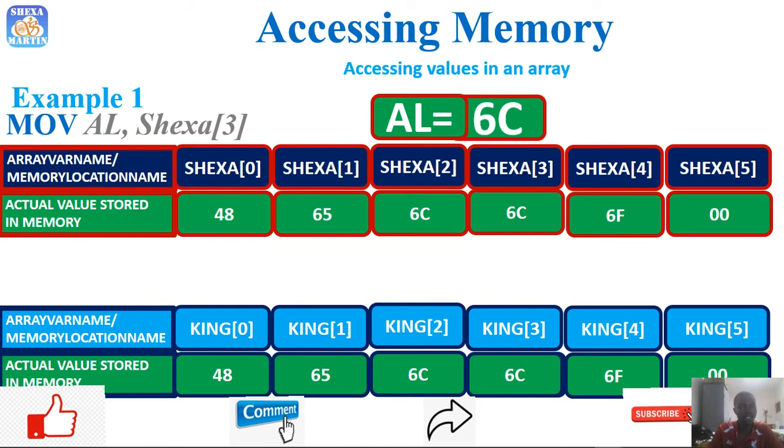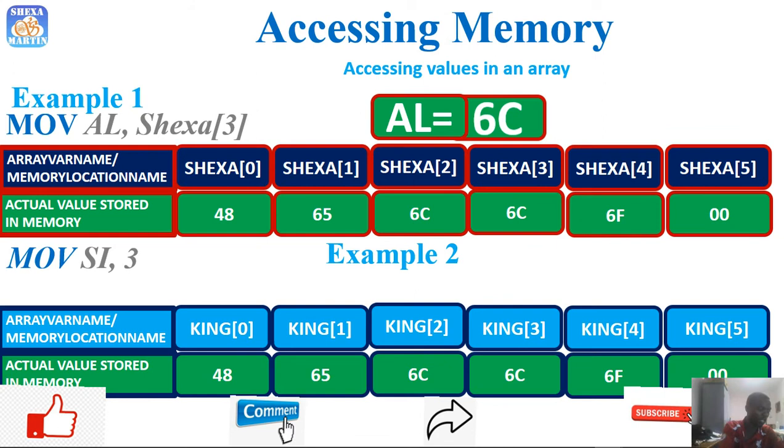Right, so let's now try to access the king array. So we say move. Since we talked about variables that are used to access memory, you can also use any of the memory index registers, that is BX, SI, DI, BP, to access the values of an array, or the values that are within the memory and labeled with the array name.